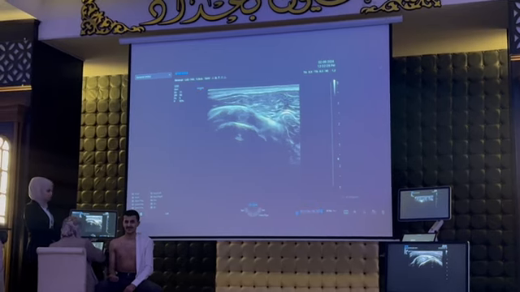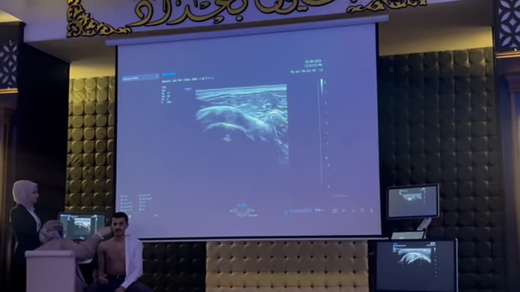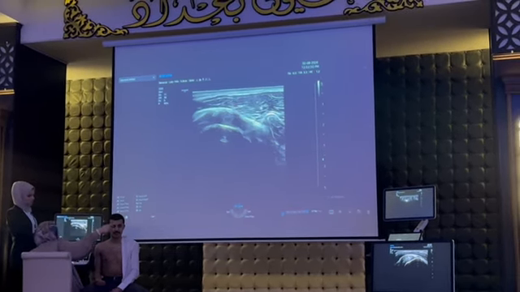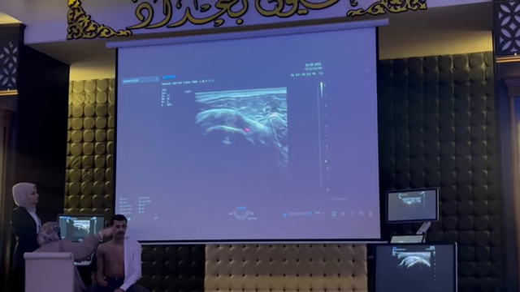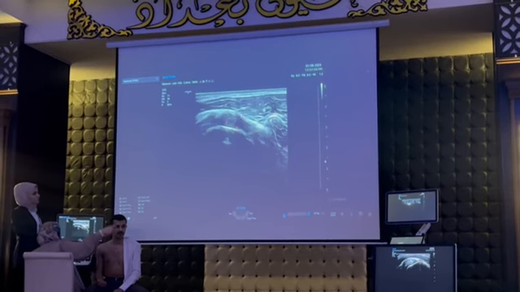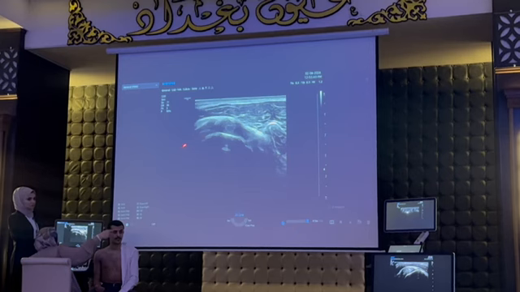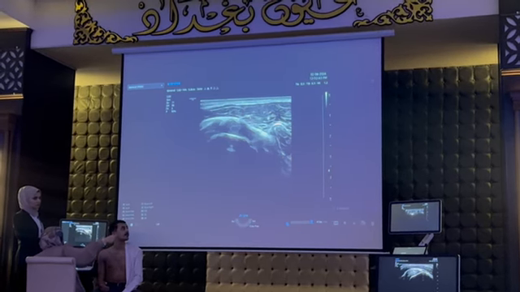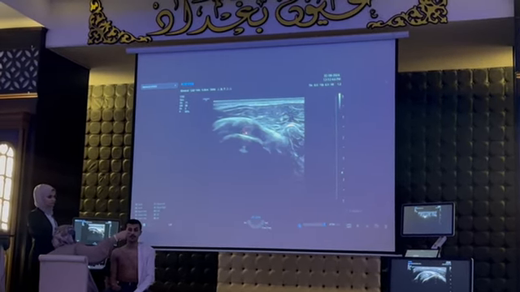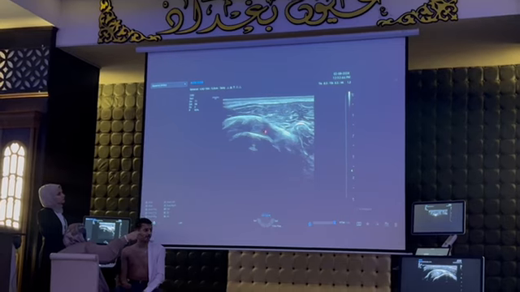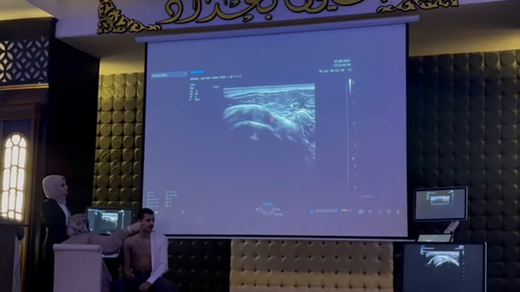You see, there is a back space surrounding the long head of biceps. This is subscapularis. This is the biceps tendon. From here is supraspinatus. This space surrounding the long head of biceps is the rotator cuff interval. So we can do arthrogram here.